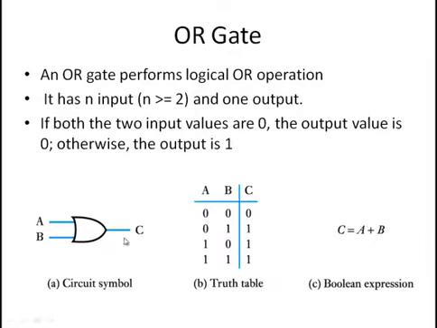This is the output. The truth table is formed by considering the different combinations of input, and C is then calculated from this expression. It is 0 plus 0 is 0, 0 plus 1 is 1, 1 plus 0 is 1. This is the exceptional case: 1 plus 1 is 1, not 0.